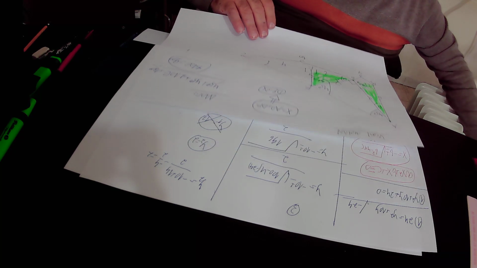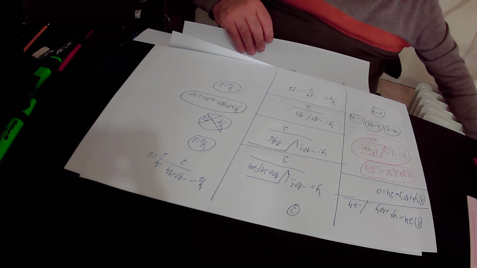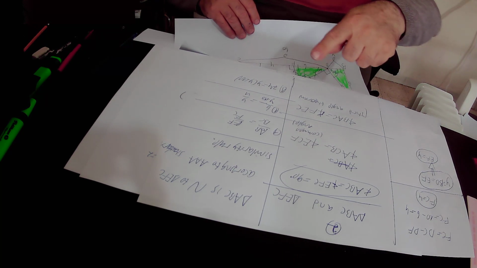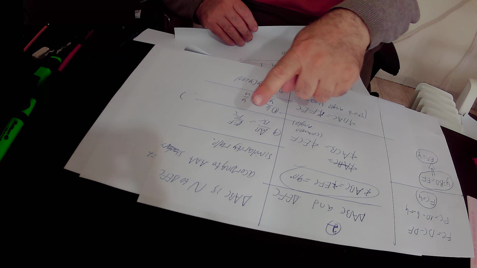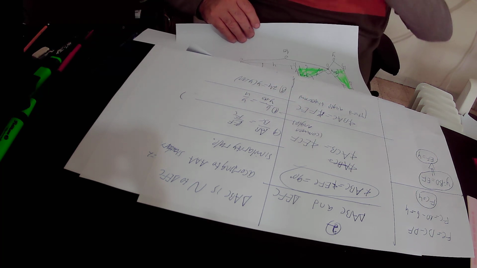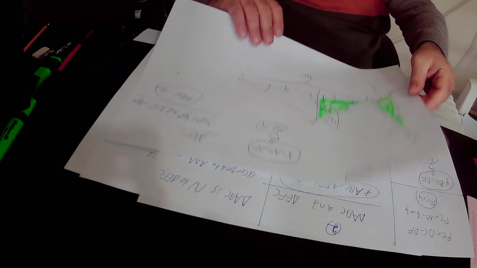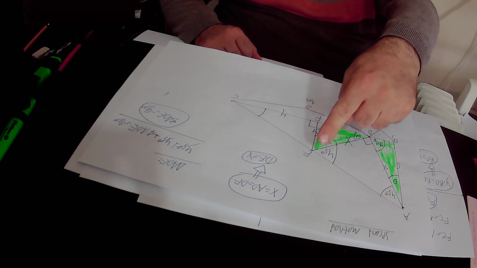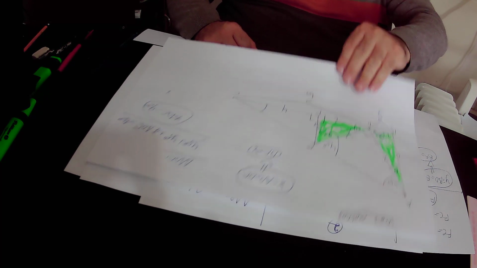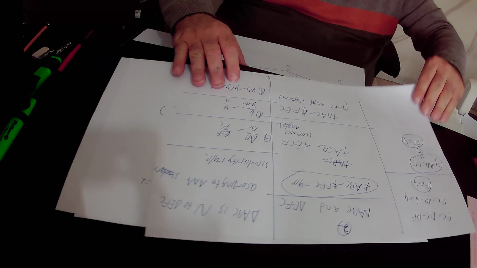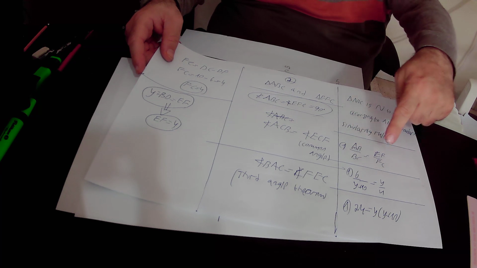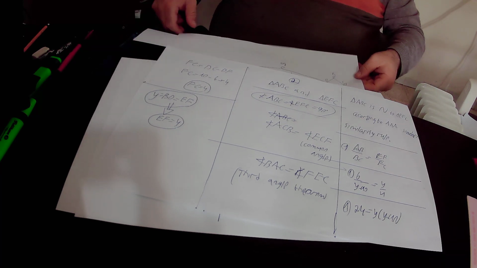Because triangle ABC is similar to triangle EFC, we conclude that the following relationship exists between their sides: AB over BC equals EF over FC.